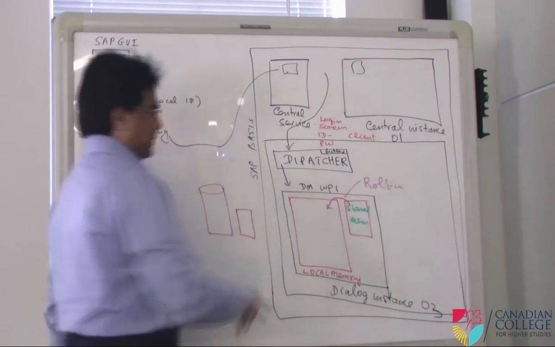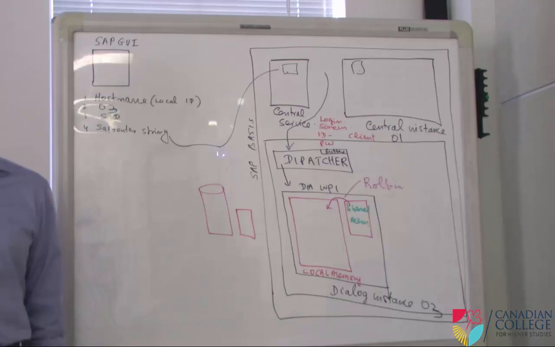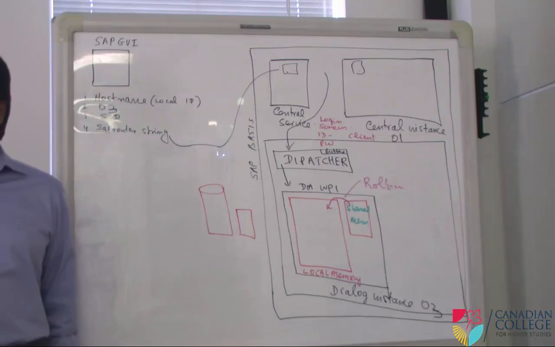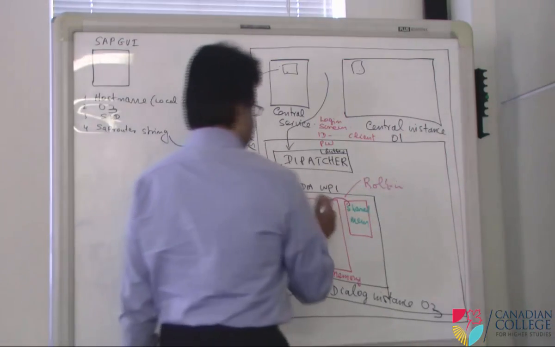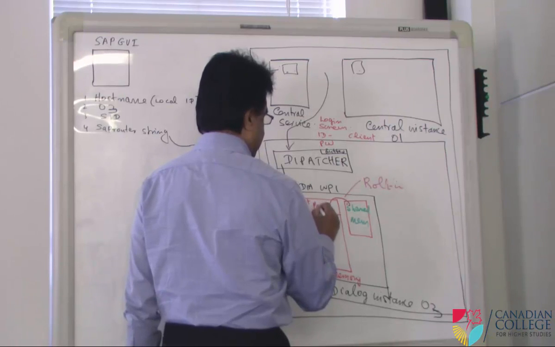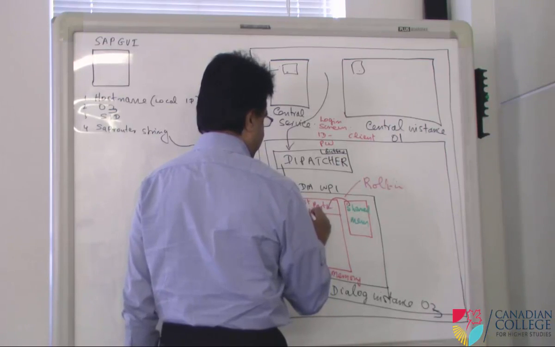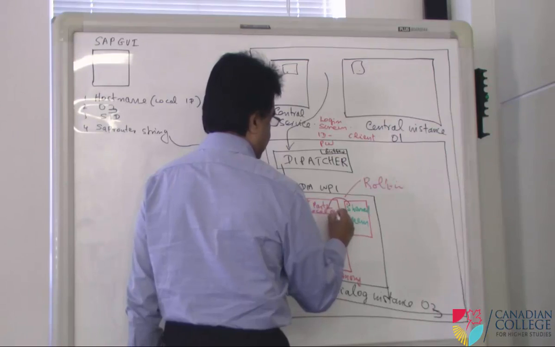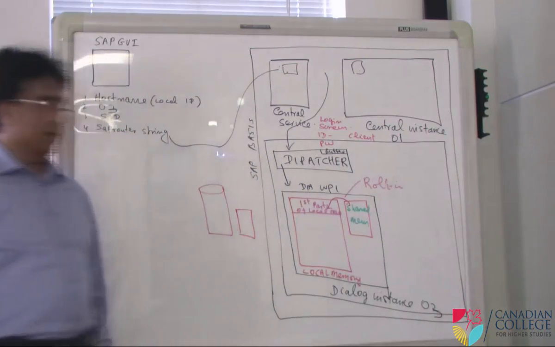Not only his information, if he has been working with some other objects before, all the objects and all the other authorization information, everything will be loaded here. This is the first part of the local memory.